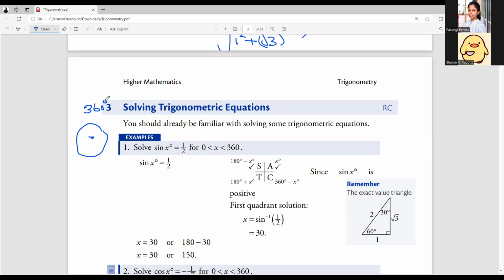Using that as the base, here we have four quadrants.